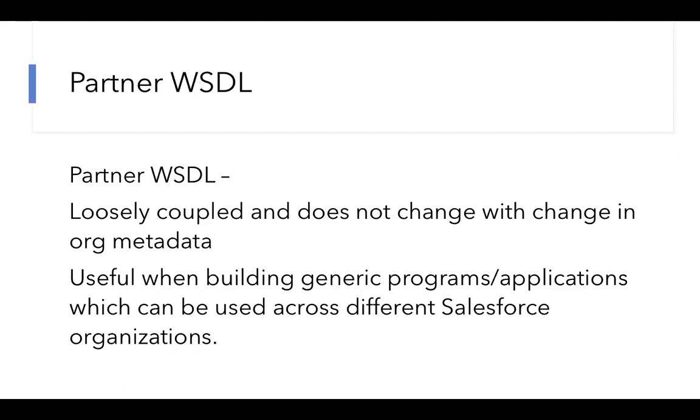But what is the purpose? Why would I use this? As a partner, say a company that's trying to build a product, I want to connect to Salesforce in a certain way, but this solution should be workable in any given organization. I would probably use the partner WSDL and build the integration solution so that it can be leveraged, or maybe I can build a product and say, okay, you can just go ahead, install it, and start using it.